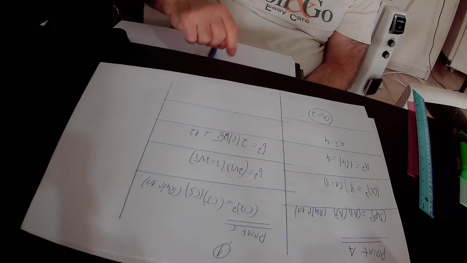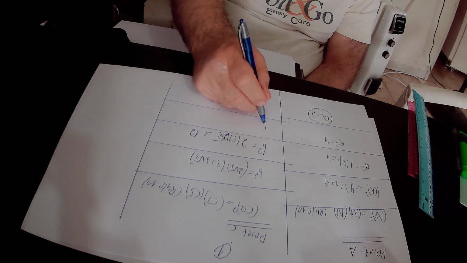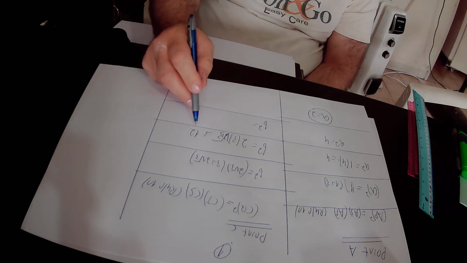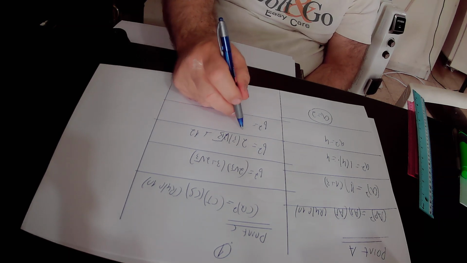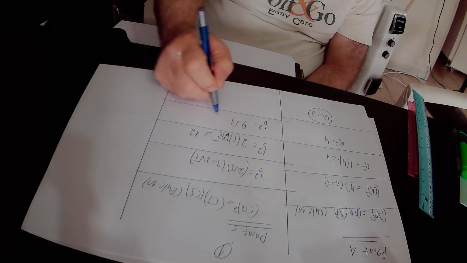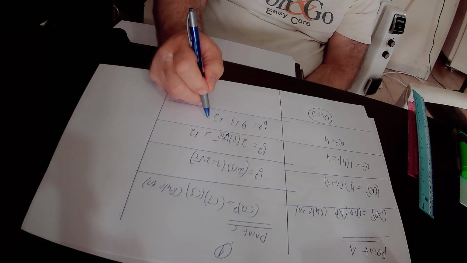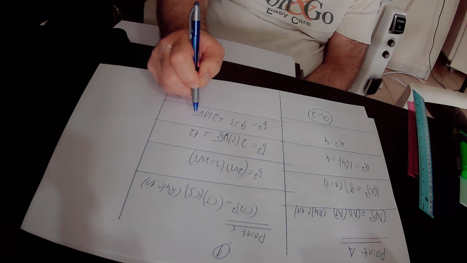plus 12. So b squared equals, here we substitute 12 by 9 plus 3 plus 2 times 3 times square root of 3.